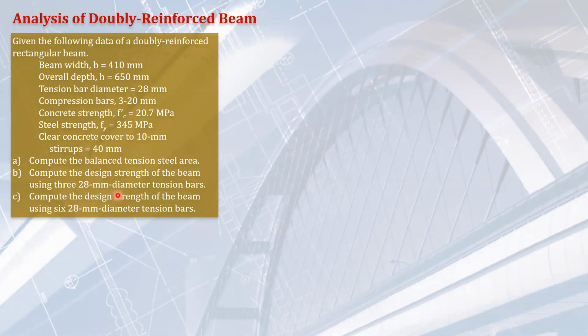By the way, we have three compression bars. Here I did not define yet the number of tension bars. So in letter B, if we use three tension bars, what is its design strength? Again, the design strength is phi Mn. And if we use 6, for example, 6 bars of 28 mm, what is its design strength?